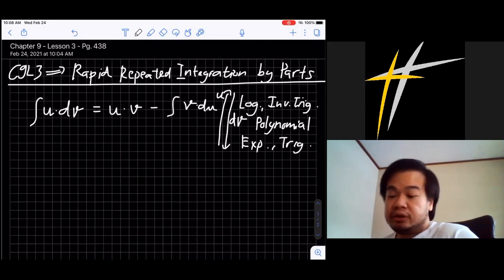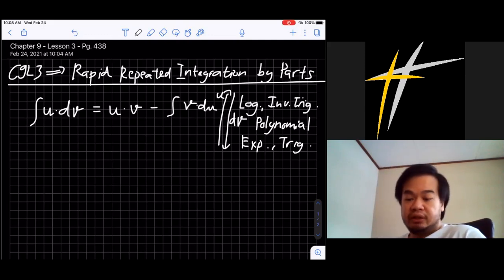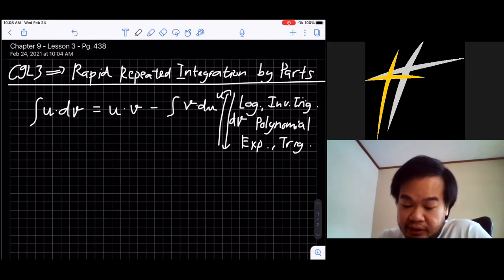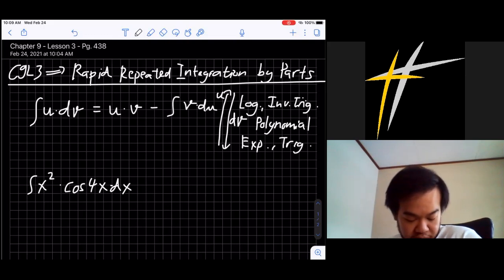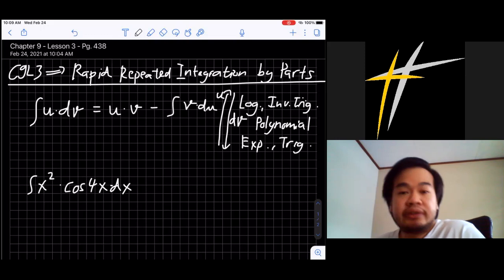Now, sometimes you need to do several rounds of integration by parts to solve the problem. For example, the second example that I gave yesterday, x squared times cos 4x dx. If you look at your notebook, or at your book page 438, there are two steps.